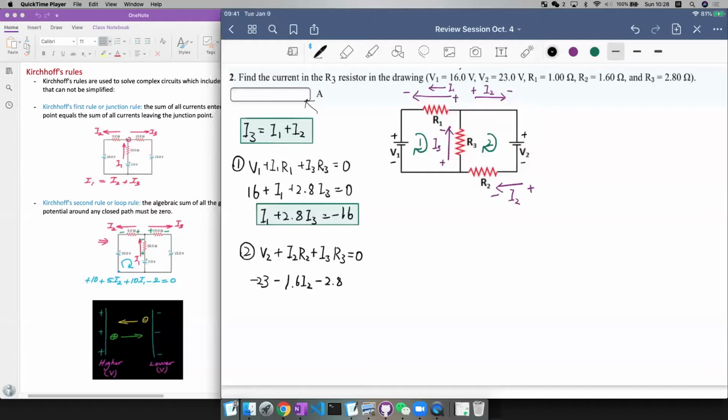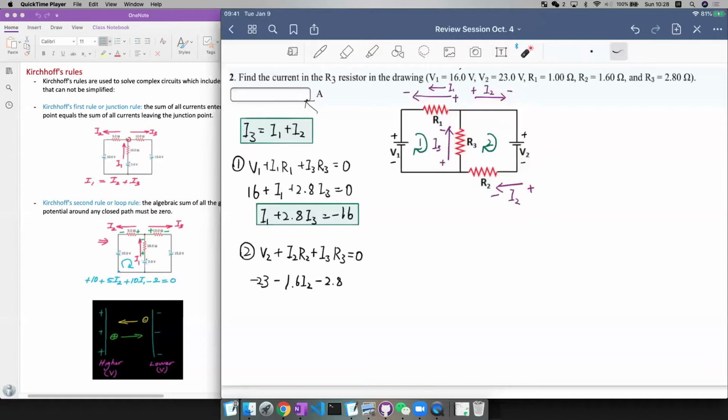Yeah, I have a quick question. I thought we don't assign direction at this step yet, or are you just doing it for the second equation? Oh, you mean the I2 here? No, in general, because earlier you said to just write down all the variables first. I thought we don't assign the magnitude yet. I might have misheard you.